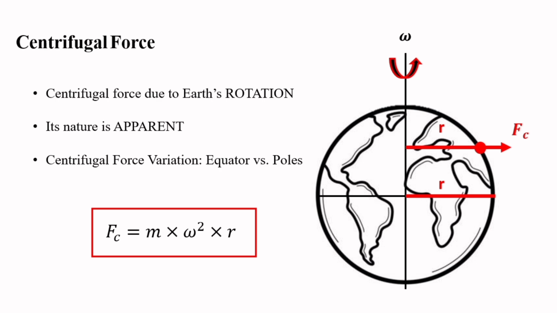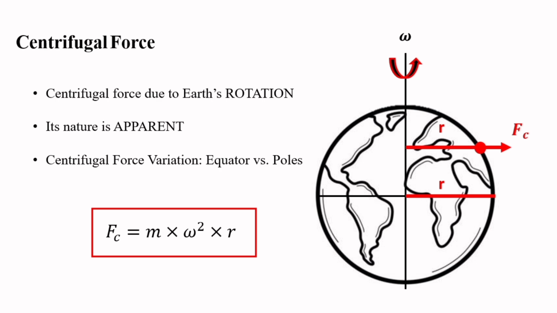As the Earth rotates, objects on its surface experience an outward force called centrifugal force, which acts away from the axis of rotation, and its direction is always perpendicular to the instantaneous spin axis. The nature of this force is apparent because it vanishes as soon as the object stops rotating with the Earth, showing that it depends entirely on the Earth's rotation.